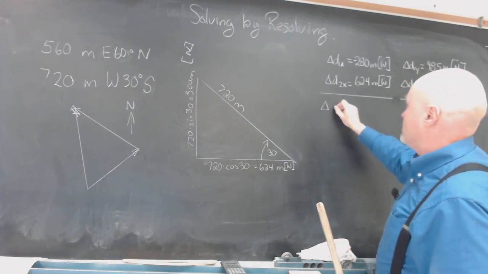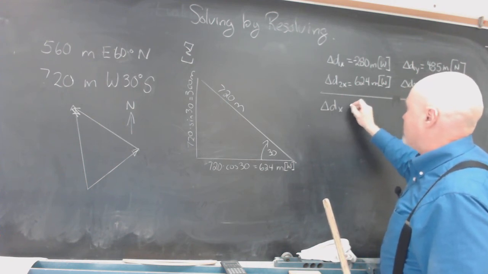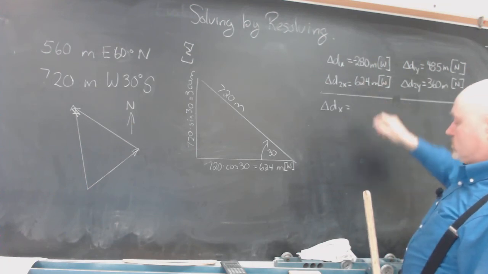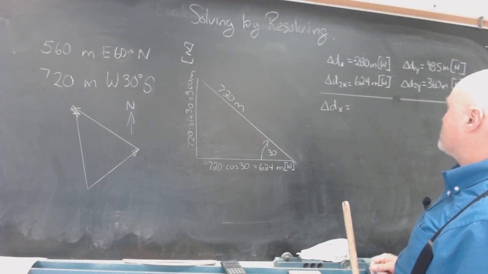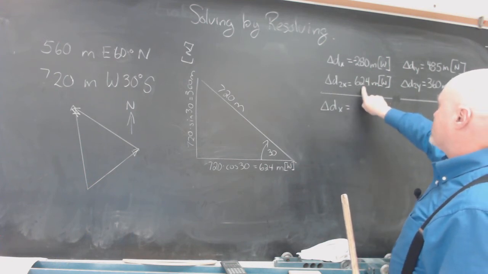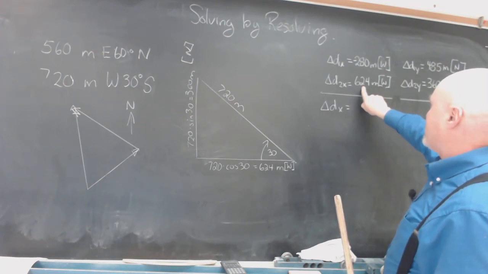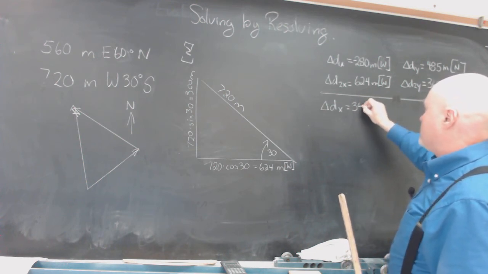So delta dx altogether is going to be, this is maybe outside the realm of my computational ability, negative 624 plus 280, which is negative 344.